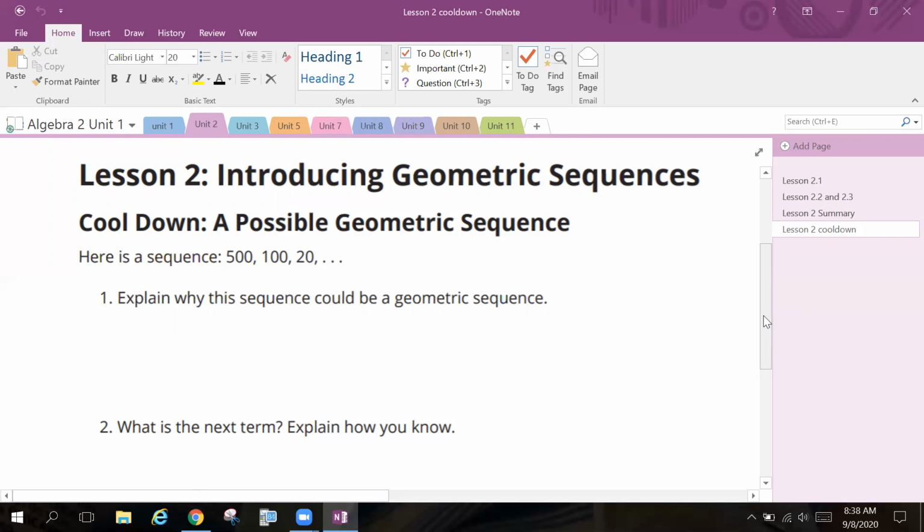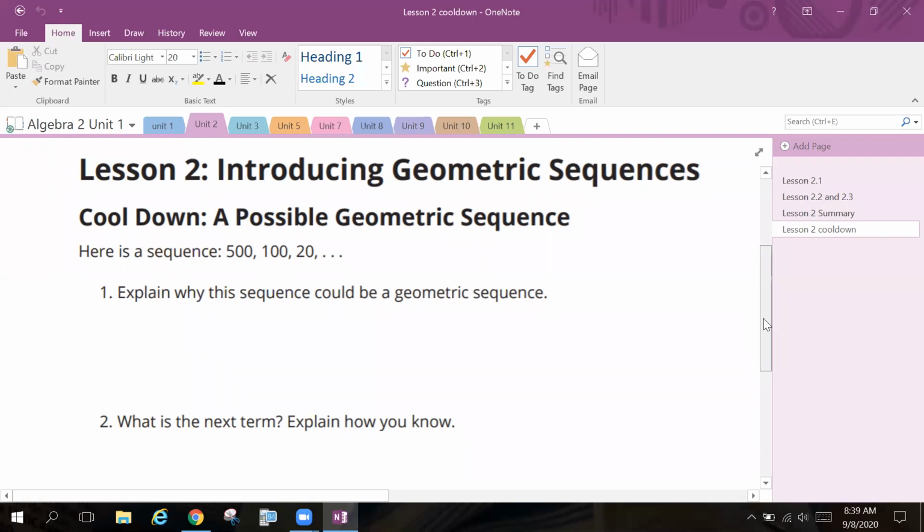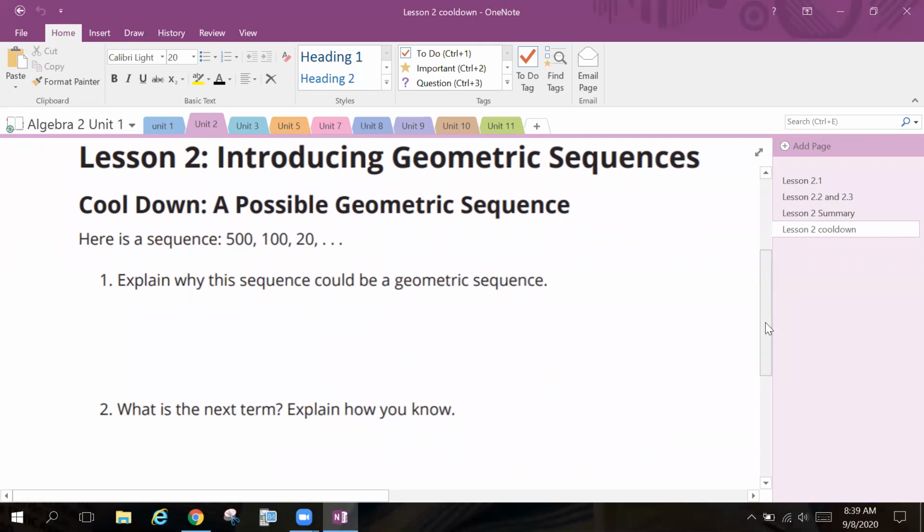So I'm going to give you about 15 minutes to try to answer this cool down for me. So we're working on the cool down for lesson 2.